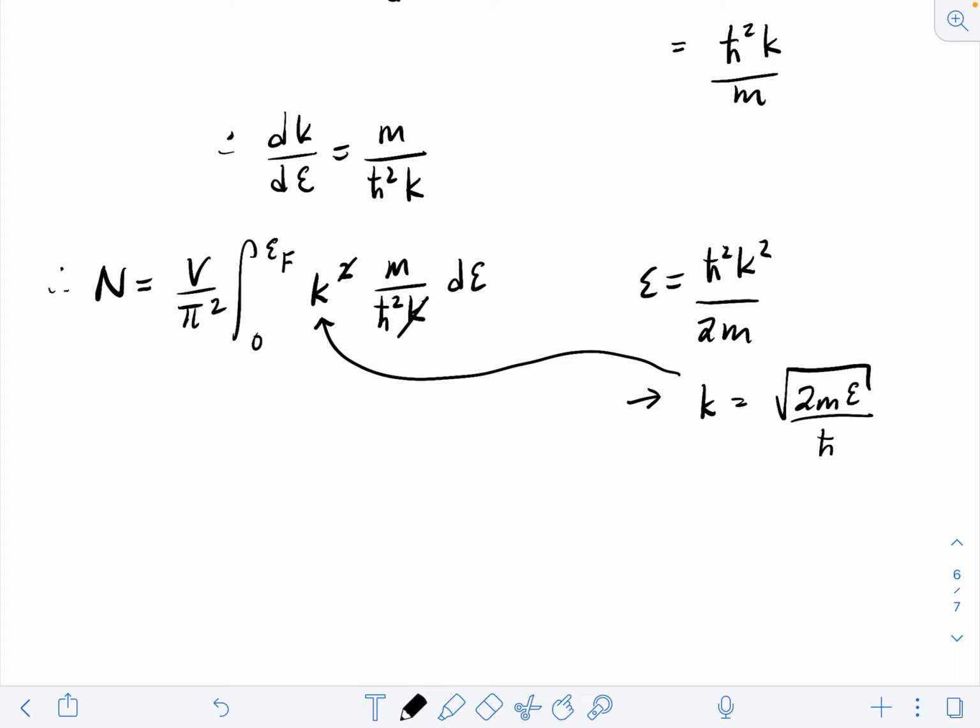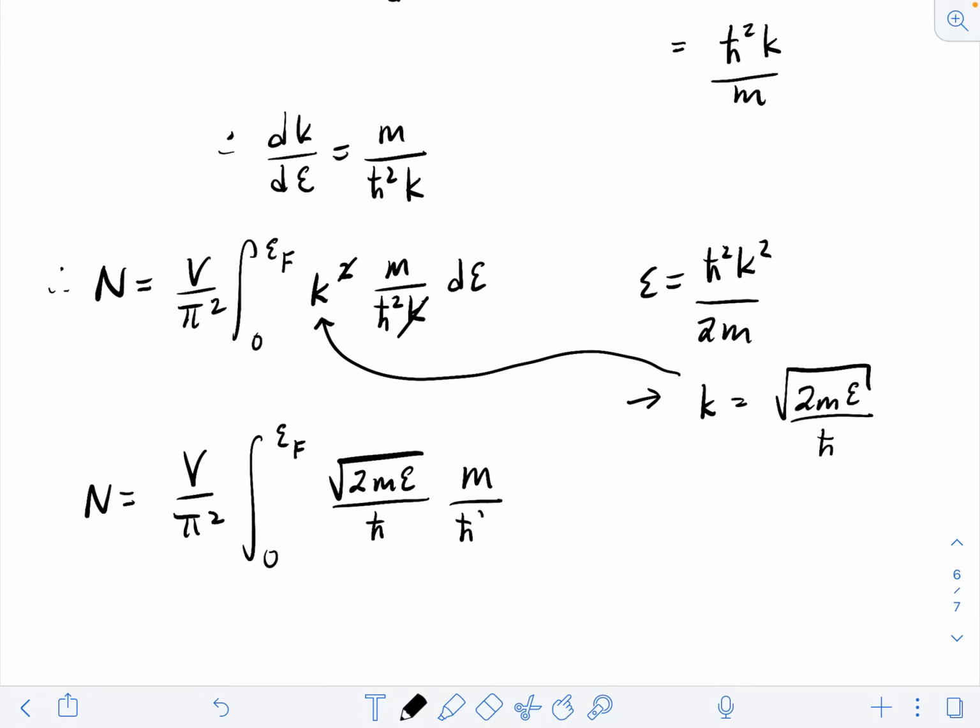So then what we end up with is n is equal to V over pi squared, the integral 0 to the Fermi energy, k is root 2m epsilon over h bar, and then we have m over h bar squared d epsilon.